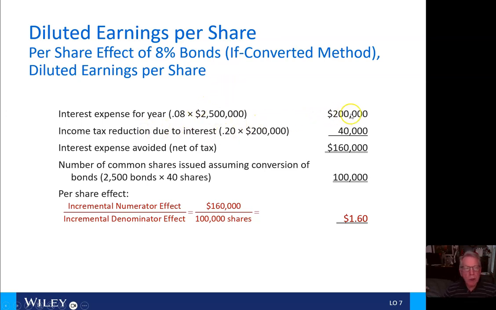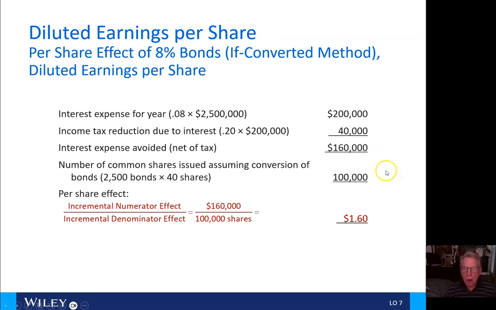And so again, we take 8% of 2.5 million. That's our interest expense. Our income tax reduction of that is going to be 20% of 200,000. Or we could have simply multiplied 200,000 times 0.8 to get 160,000 of expense avoided net of tax.